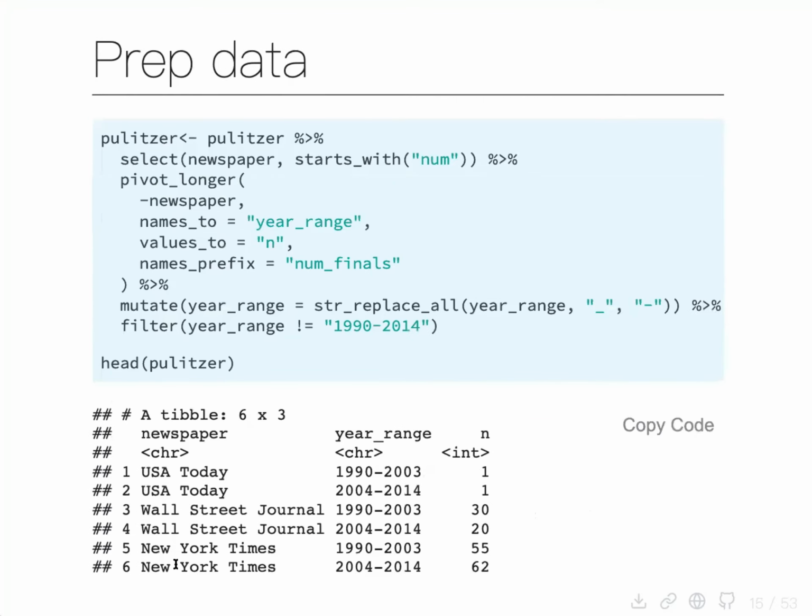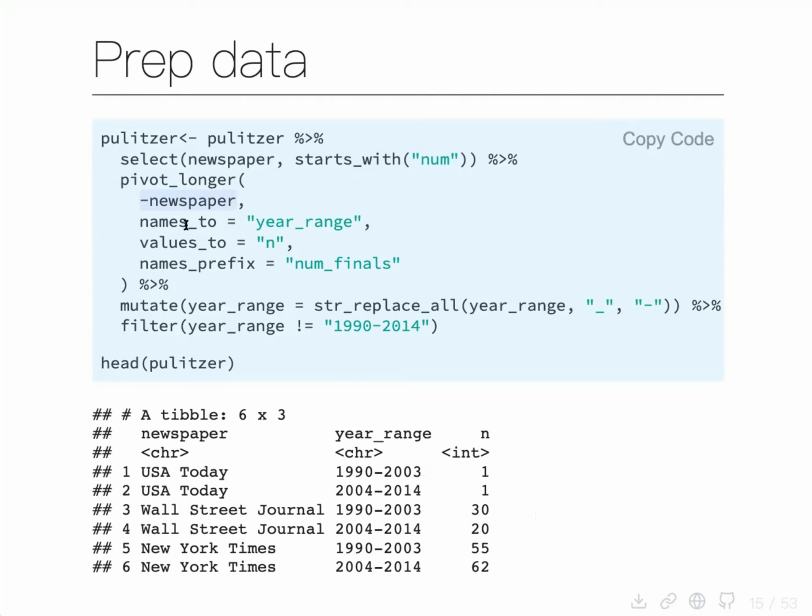Once you have that, go ahead and copy this code, and we're going to create data that looks like this. As you're doing that, I'll walk through what this code is doing. We're going to select just the newspaper and any column that starts with num. From there, we're going to pivot longer, and I'm saying minus newspaper, so grab all the columns except newspaper to include in the pivot longer.